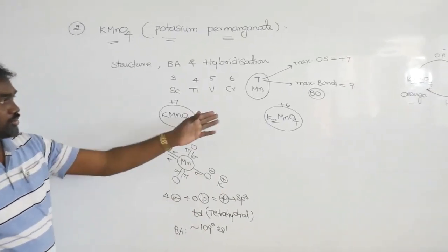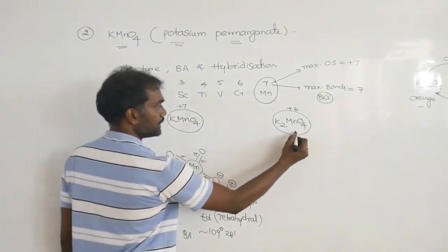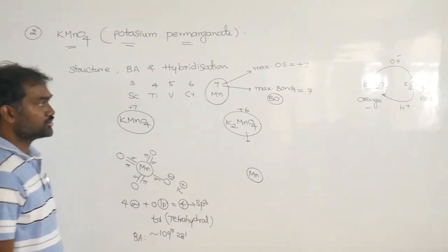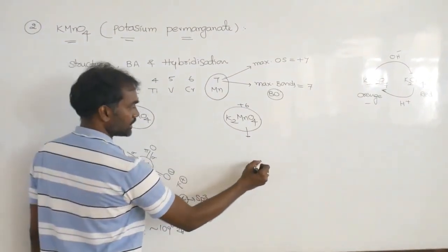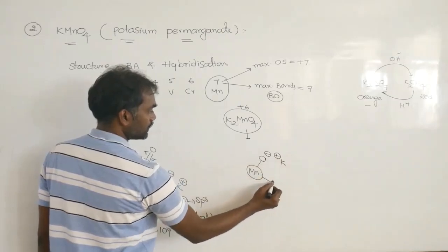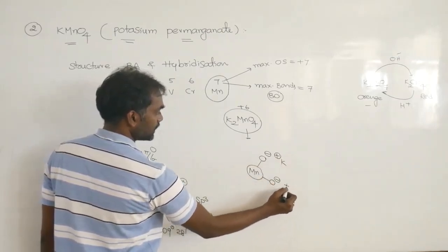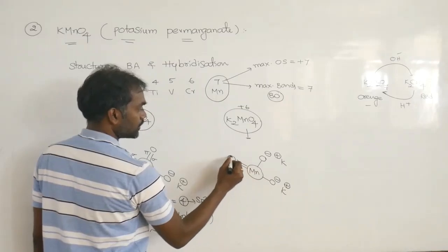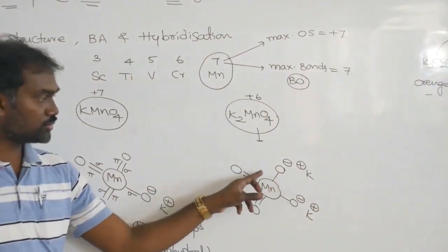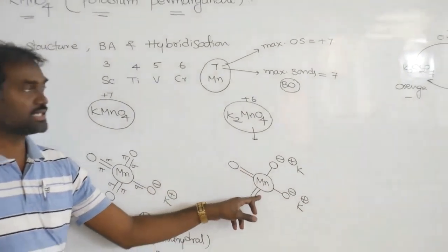Next, you come to K2MnO4. Here also manganese you take. So here 2 potassiums are there. So that's why O minus K plus, O minus K plus, and double bond O, double bond O. Now you see the bonds 1, 2, 3, 4, 5, 6. 6 bonds.